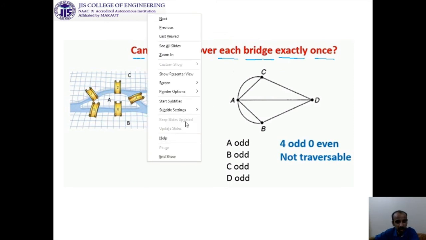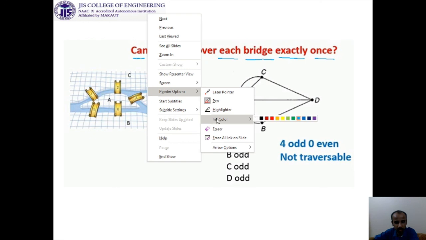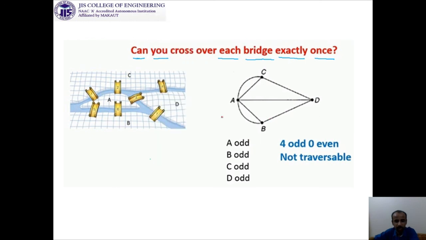You can't leave any bridge while you are traversing. So let us start from any vertex, and we consider these regions as vertices A, B, C and D, and the bridges as edges.